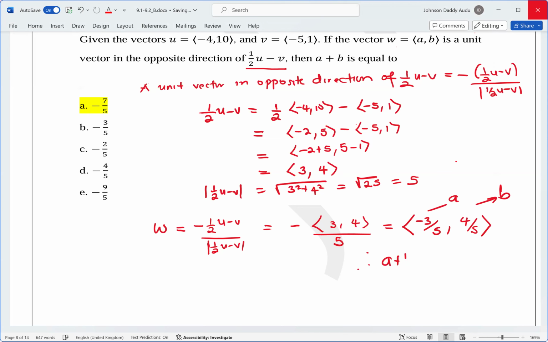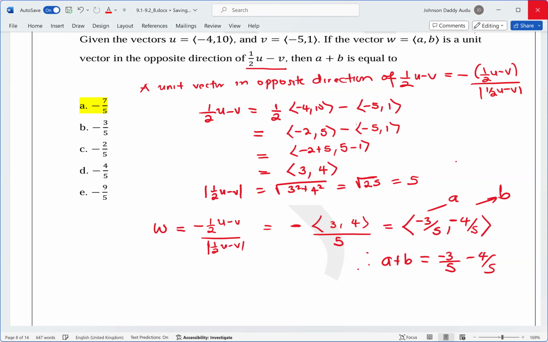Therefore, what is A plus B? It's going to be minus 3 over 5 plus 4 over 5, right? Because we're looking for what? We are calculating. Here you have a minus. Don't forget that this minus is going to affect everything. So here is also minus.